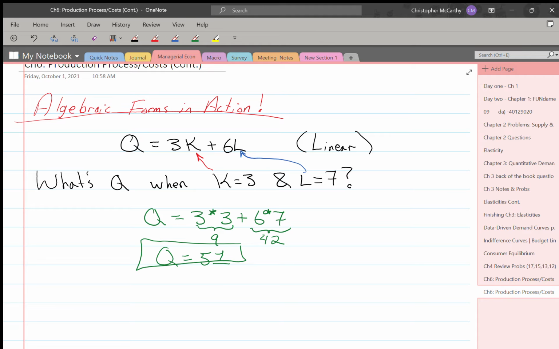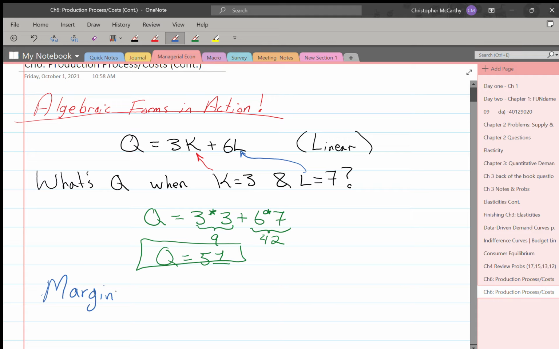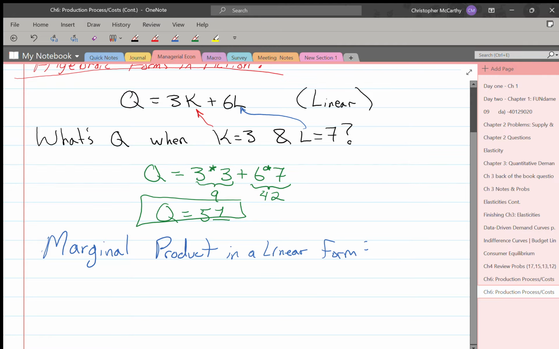So when we're talking about that marginal product, we define the marginal product extensively. But what about algebraically? The marginal products in a linear form are going to be whatever the coefficients are for that particular input.